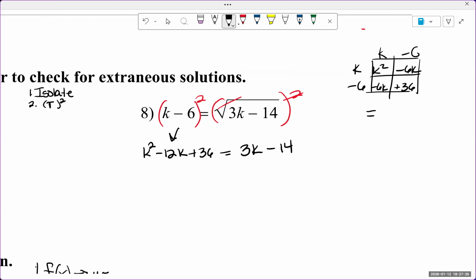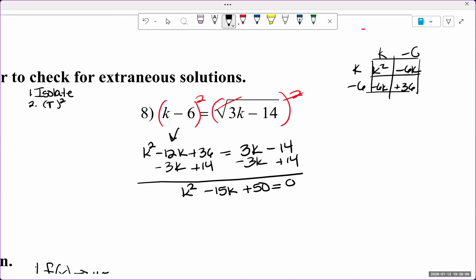Okay, so we're going to solve the quadratic. So we subtract 3k from both sides and we add 14 to both sides. So now we're going to factor, split, and solve.